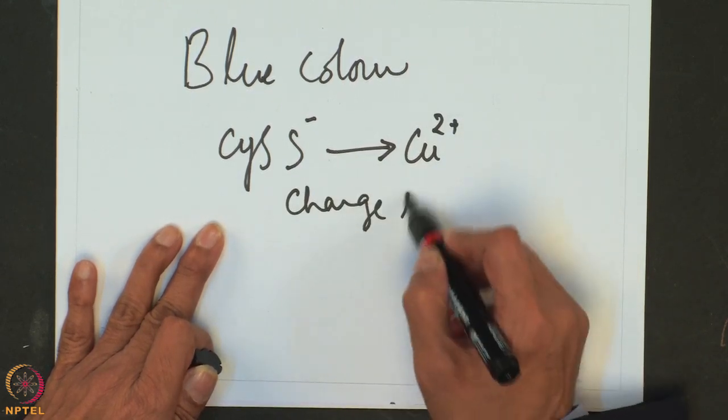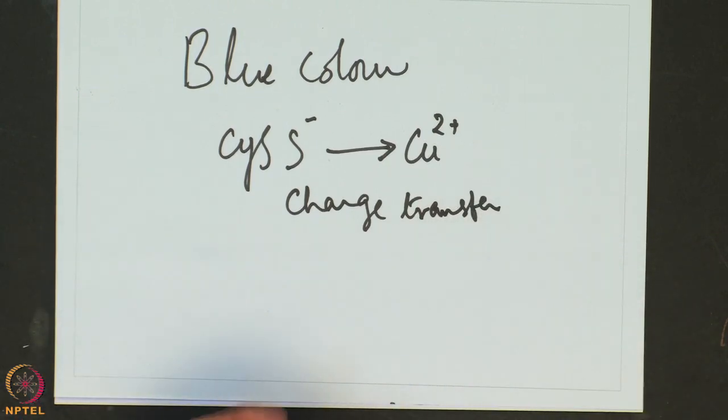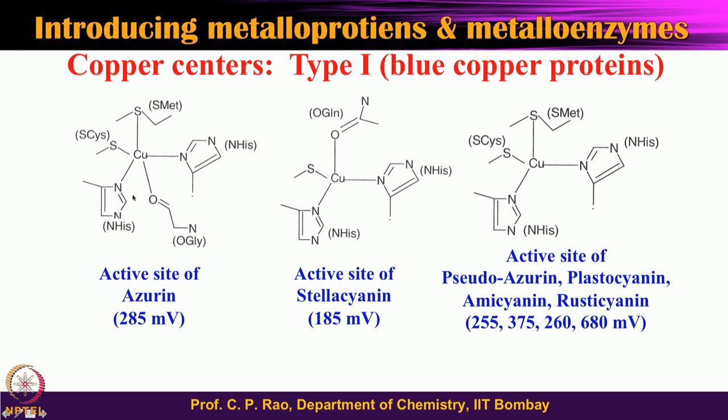So, this is a charge transfer transition. Wherever you have a type 1 site, you will find this kind of blue copper color. Type 1 has nothing to do with the copper 1 state, copper 2 state, etc. Therefore, type 1 and copper 1 should not be confused.